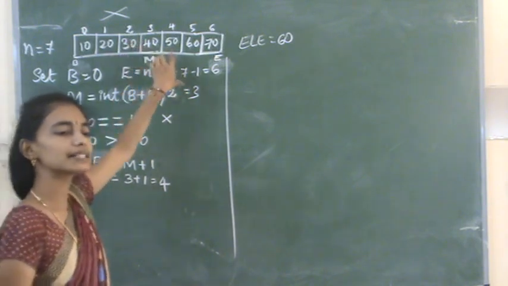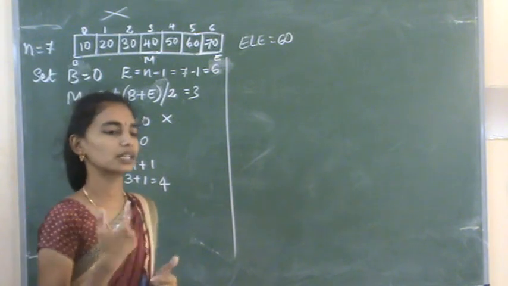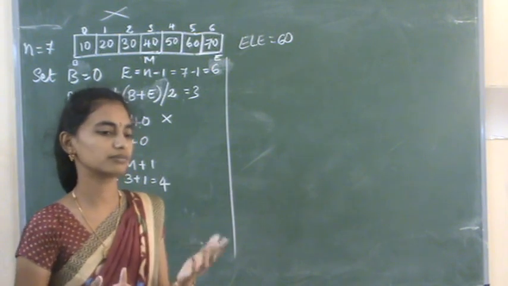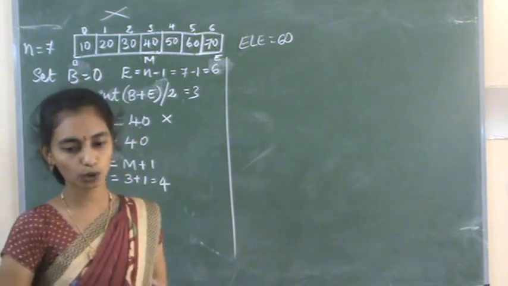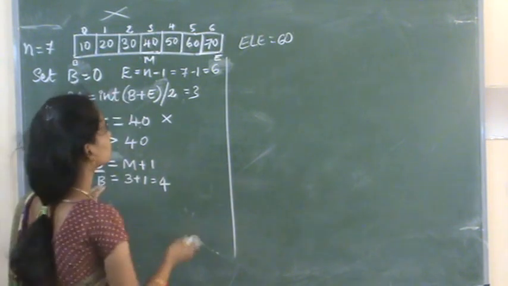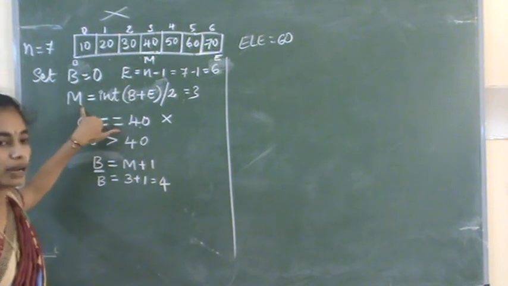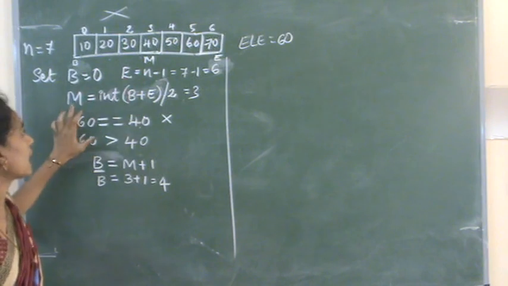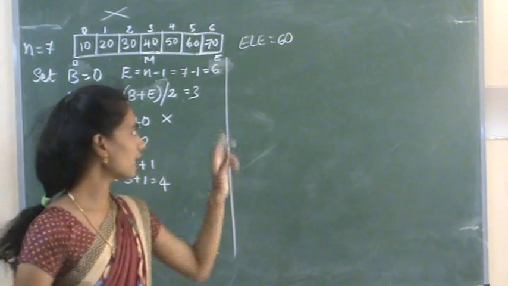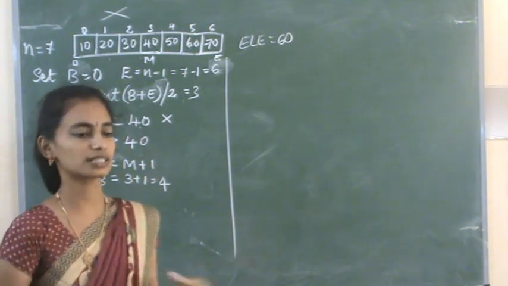Let us consider A be a sorted array, with lower bound LB and upper bound UB. And we use B, E and M as the beginning, ending and middle locations of an array segment. So that is the description.